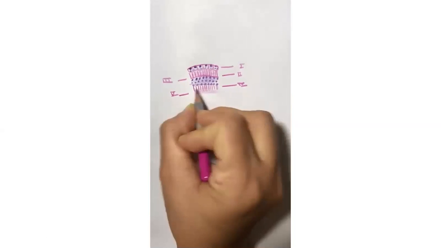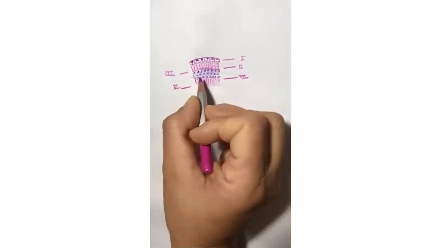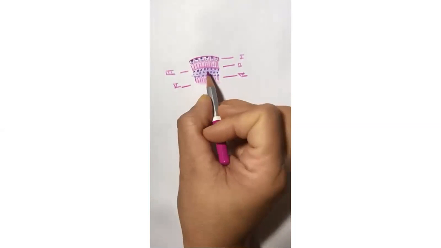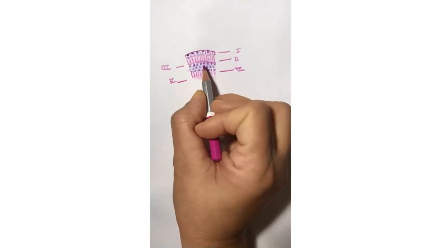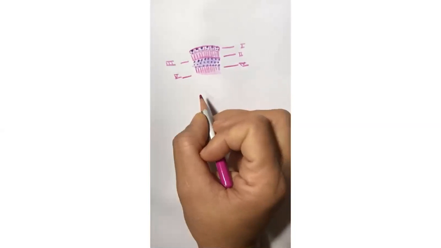Outer plexiform layer is basically synapses between the processes of the second layer and the dendrites of the next coming sixth layer.